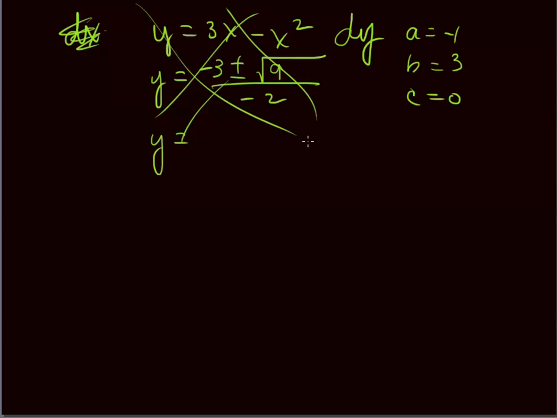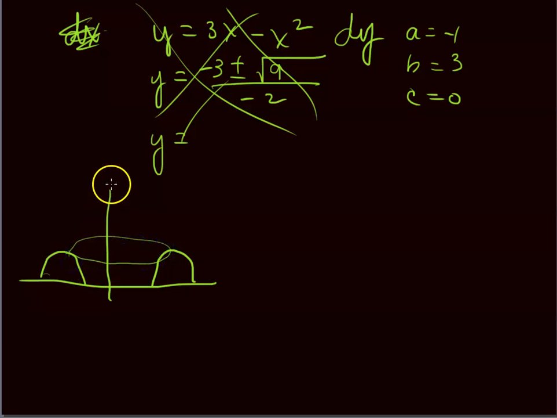So, let's look at a specific example. How about if we use this 3x minus x squared, and we'll have a picture something like this. And we take this region and spin it around the y-axis.